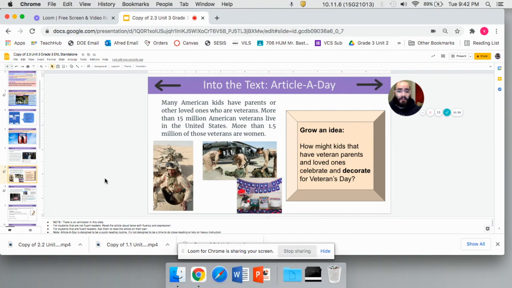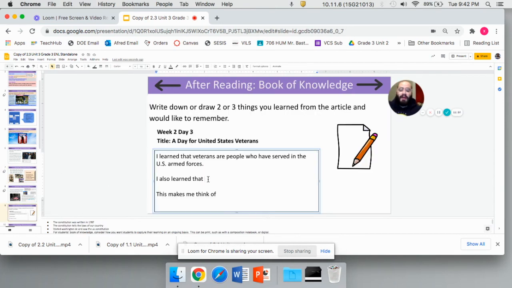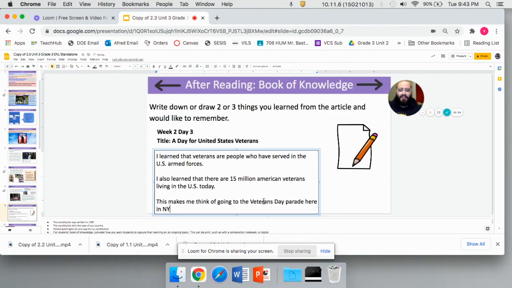So I'm going to write that down. This makes me think of going to the Veterans Day Parade here in New York City.